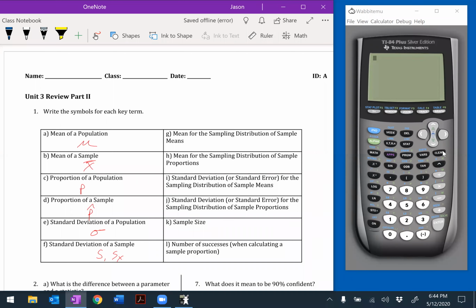That's mu of x bar. So if you see mu of x bar, that just means it's the mean of the sampling distribution of sample means, and this is where we get our t distribution from.